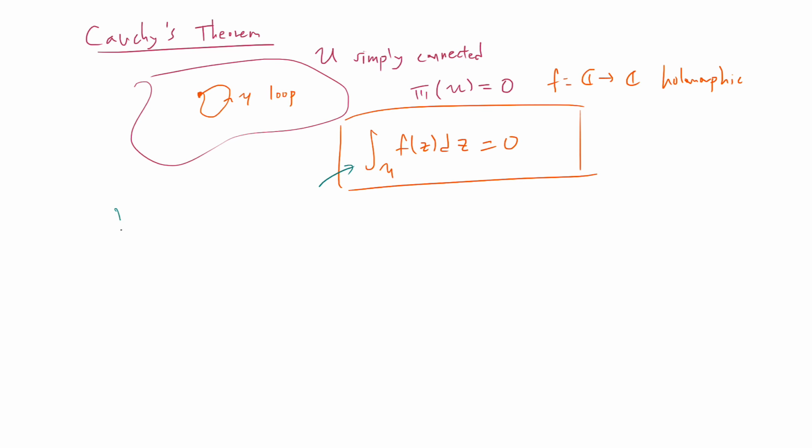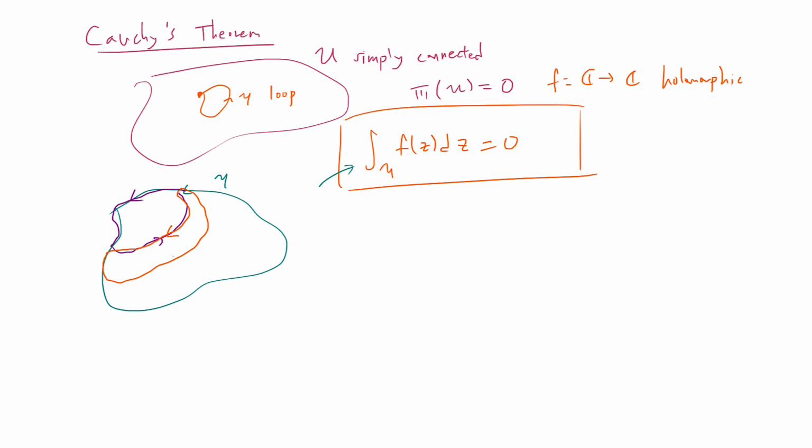Say your gamma looks something like this. What you can do is break up this gamma into small, local parts. For example, I can break this up into one loop that goes like this, and then another loop that, let's make sure we traverse in the opposite direction, goes like this, and then like this.